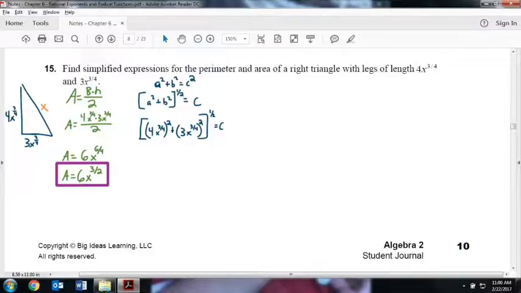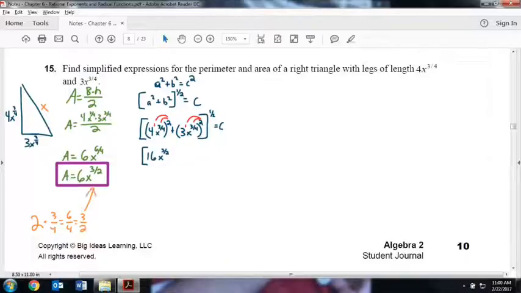And we'll distribute those squares, which, don't forget, the whole numbers have exponents too, so we'll distribute to both numbers. 4 squared is 16. 2 times 3/4, 2 times 3 is 6, which reduces down to 3 halves.